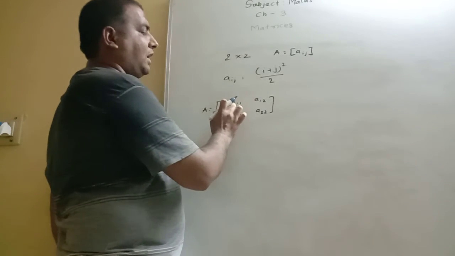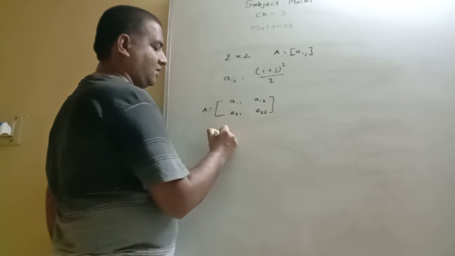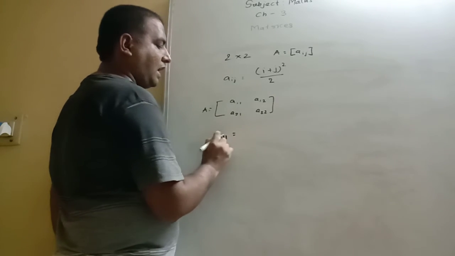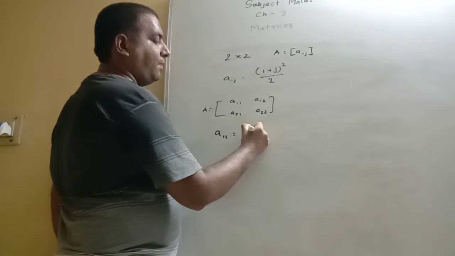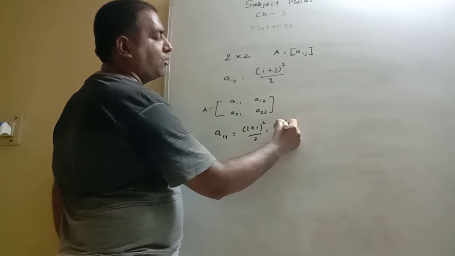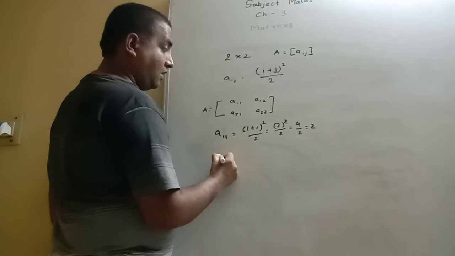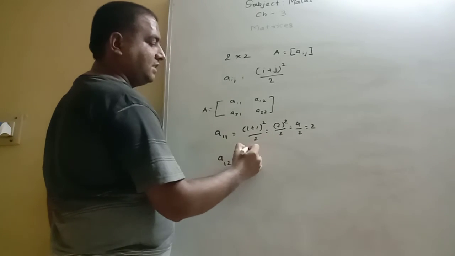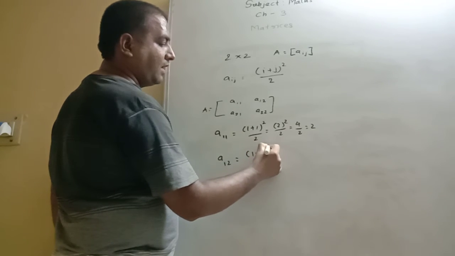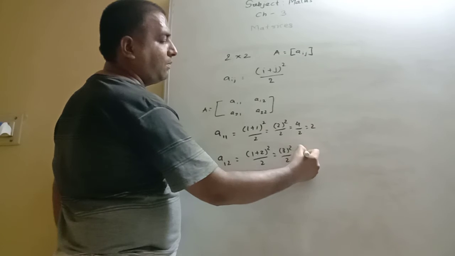So we have 4 elements A11, A12, A21, A22 to calculate. A11: i=1, j=1, so (1 plus 1) square by 2, 2 square by 2, 4 by 2, it is 2. A12: i=1, j=2, so (1 plus 2) square by 2, 3 square by 2, it is 9 by 2.